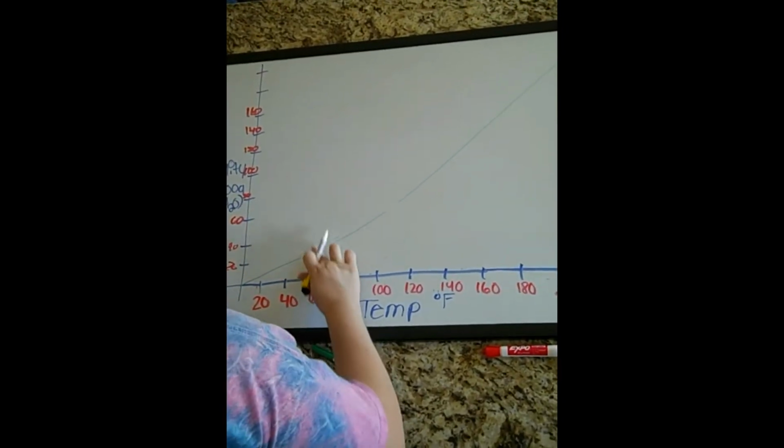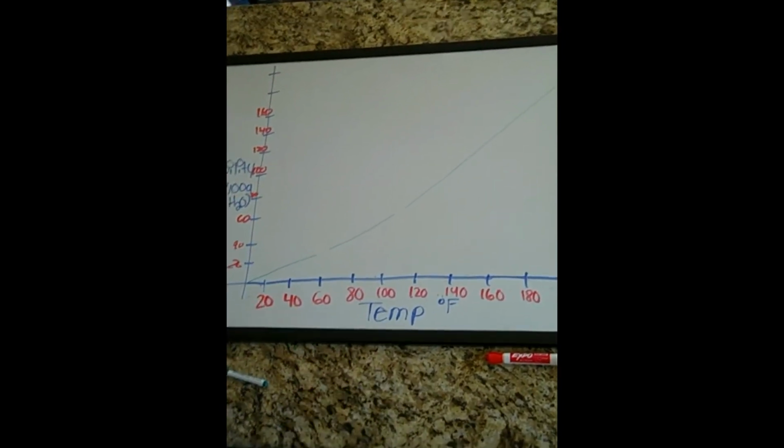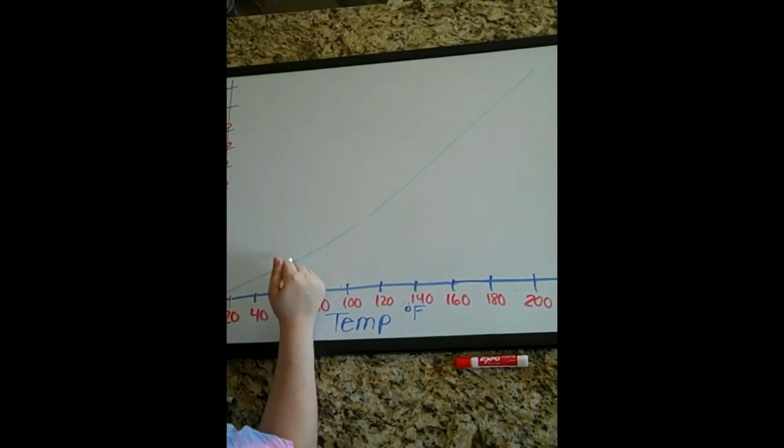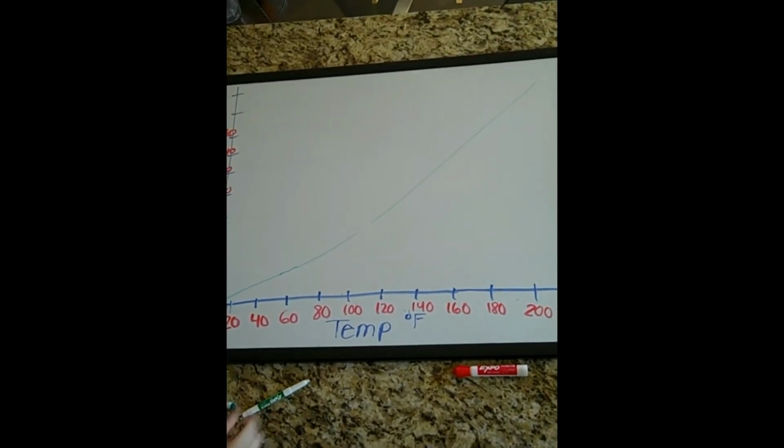So now we have our green line plotted, and we're going to draw that again just a little bit better. That line represents the rate of solubility.